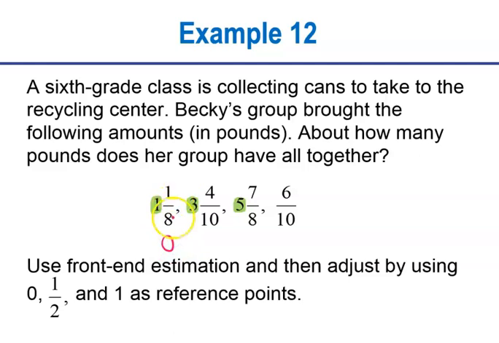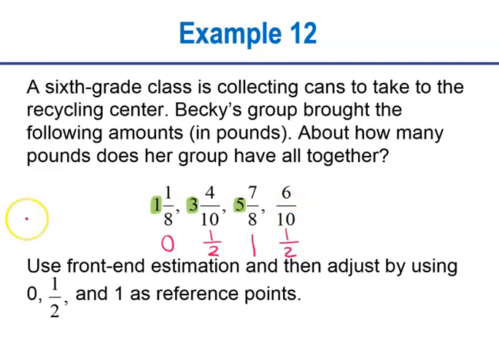Remember, 1/2 would be 4/8. Okay, now 4/10 is very close to 1/2, which is 5/10. So I'm going to adjust that one to 1/2. 7/8, hey, 8/8 is 1, right? So 7/8 is going to adjust close to 1. 6/10 is just a hair over 5/10, which is 1/2.